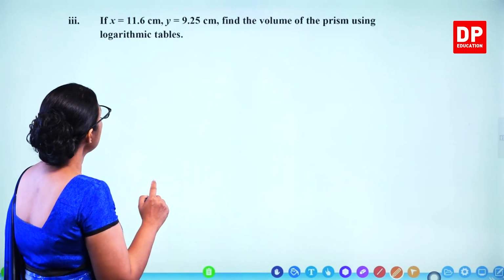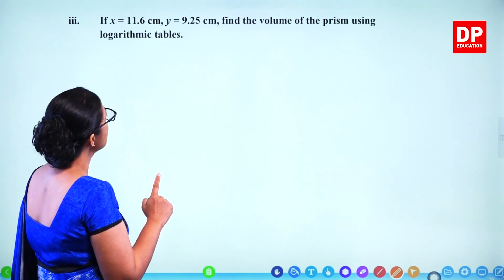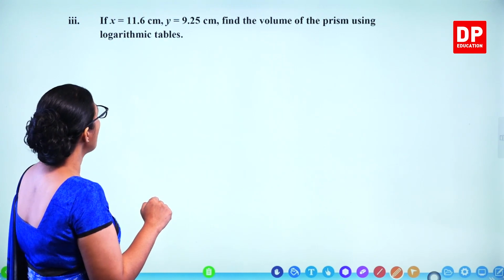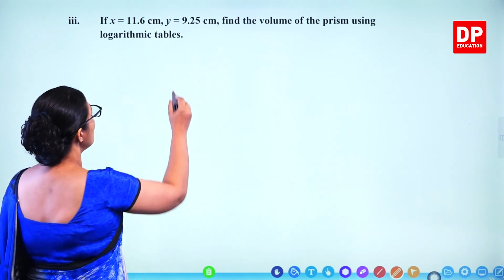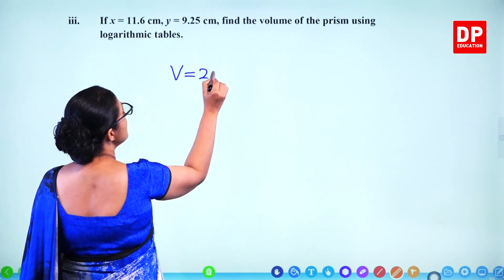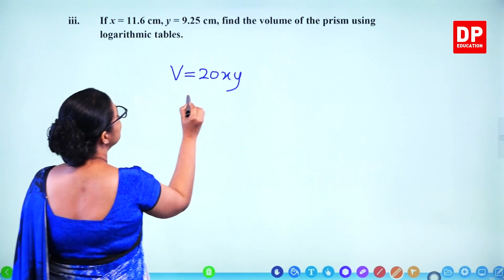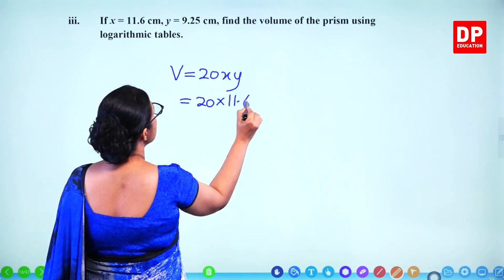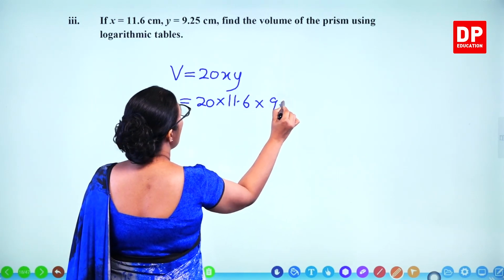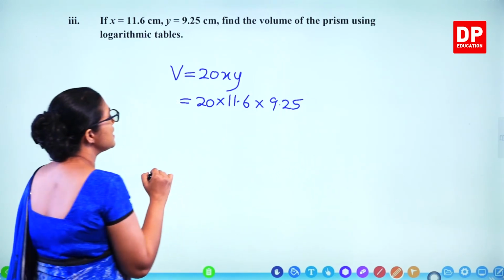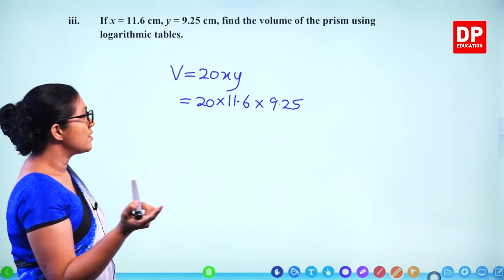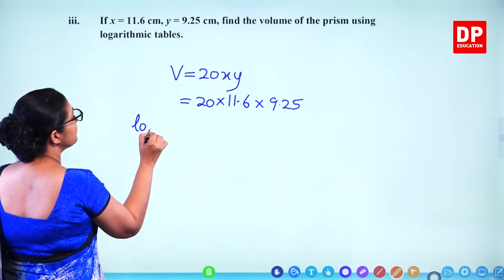And the last part: if x equals 11.6 and y is 9.25, find the volume of the prism using logarithmic tables. So we found V equals 20xy. We'll substitute. X is 11.6, y is 9.25, all in centimeters. Then we have to use the logarithmic table. So take log both sides.